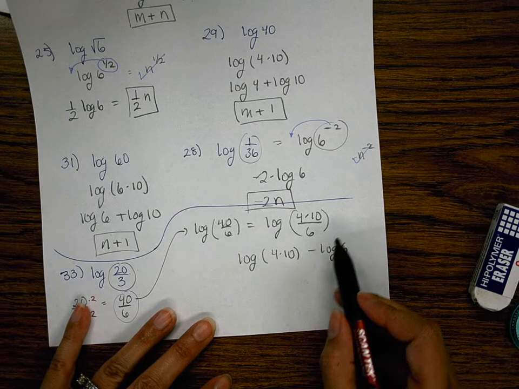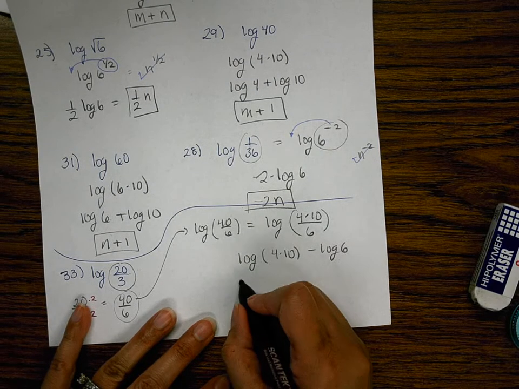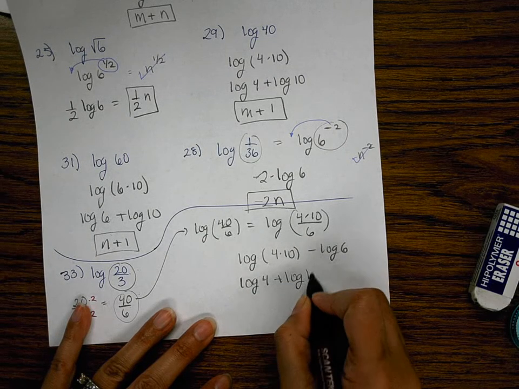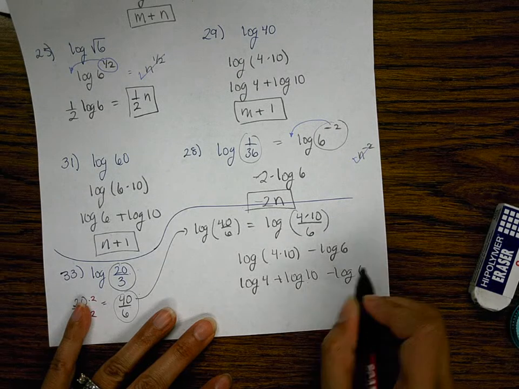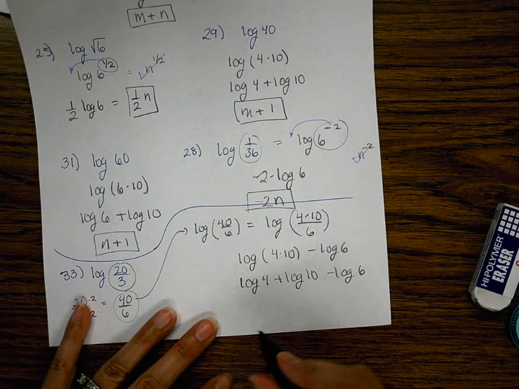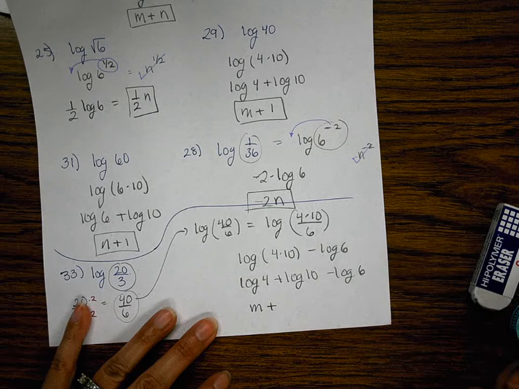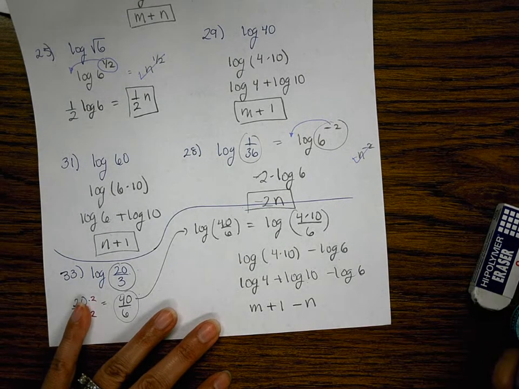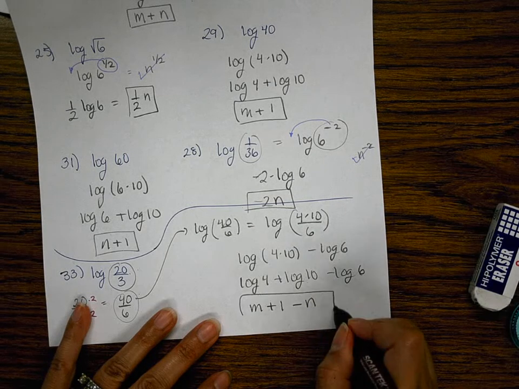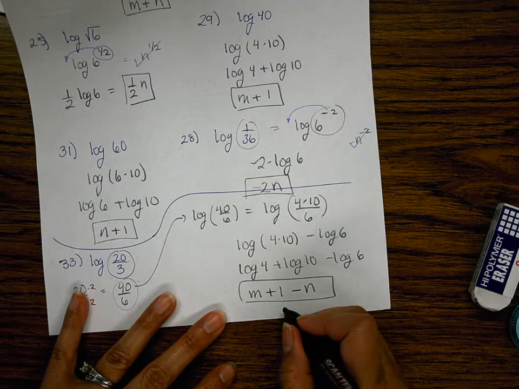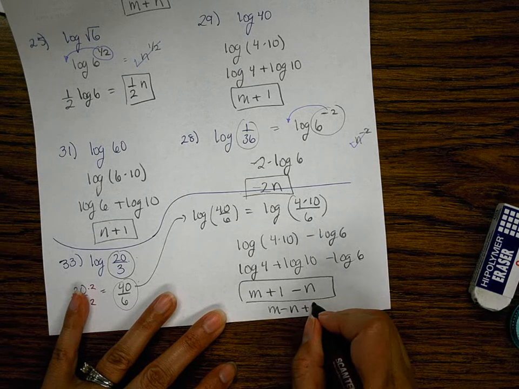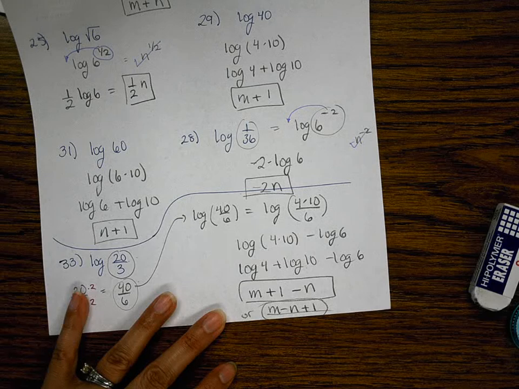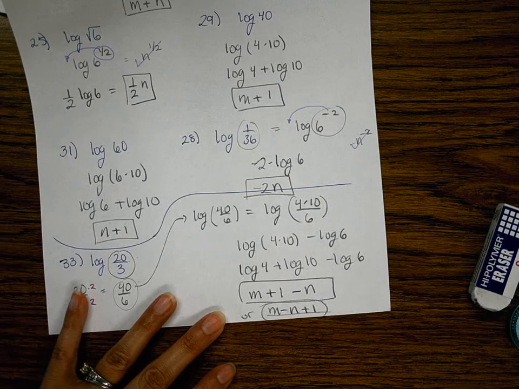So top minus bottom, and then the top piece is going to become log of 4 plus log of 10 minus log of 6, and log of 4 is m plus log of 10 is 1 minus log of 6 is n. The worksheet answer key writes it like this, which is exactly the same thing. You don't have to write them both ways. You decide which way you like and you keep it. All right, that is it for this section of homework questions.